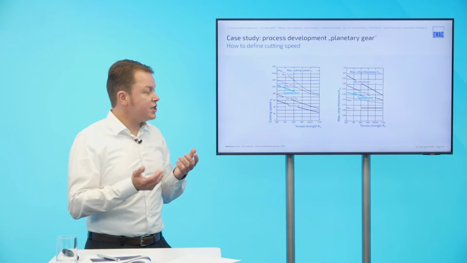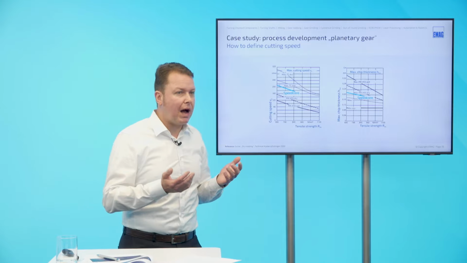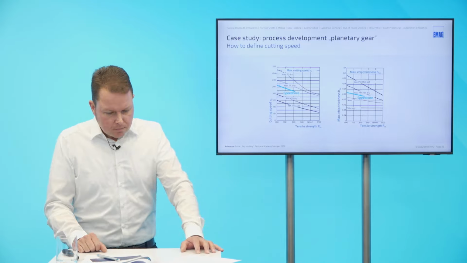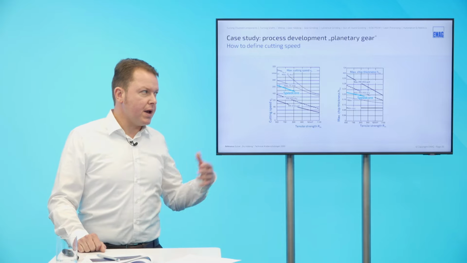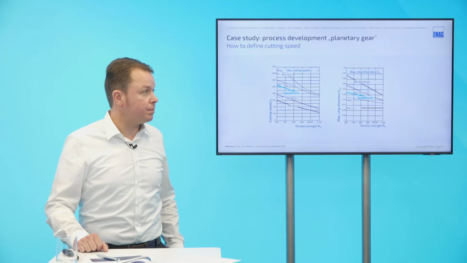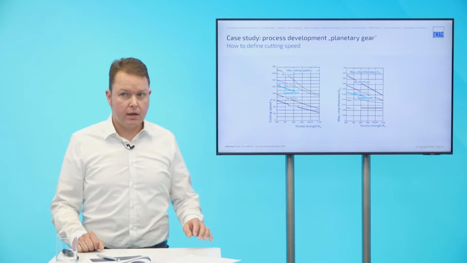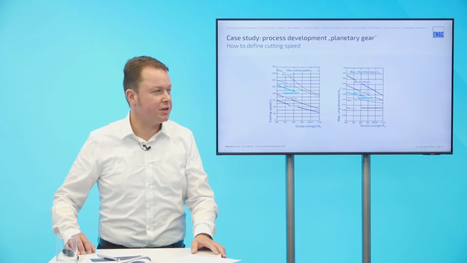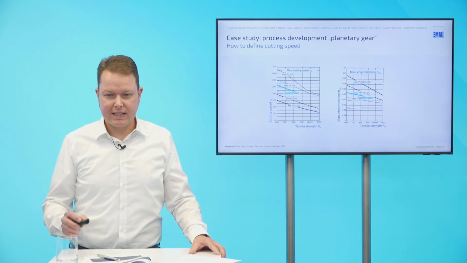Nowadays, we have a huge database. EMAG Köpfer has a lot of know-how. We know exactly how to run our hobs. And so it's not seldom that we run a soft finishing process with a 2-cut strategy close to 1,000 meter per minute in the second cut. This is absolutely true. So these values are quite moderate, quite modest.